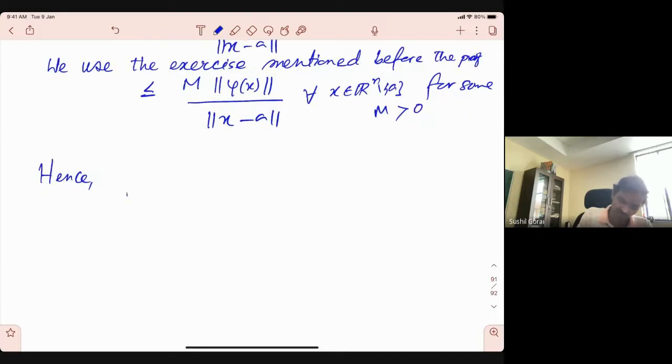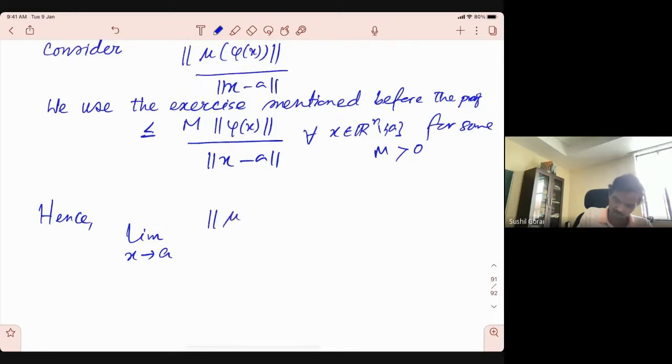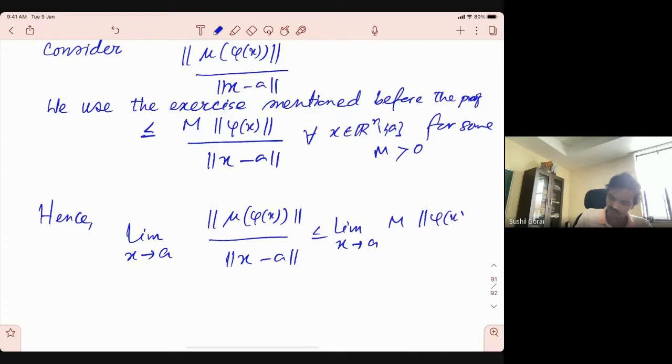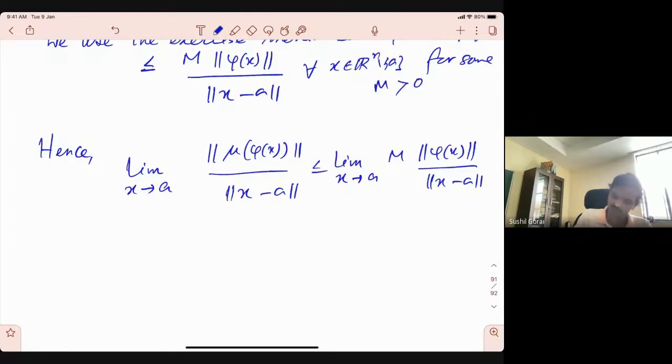Hence the limit as x tends to a of the norm of mu of phi(x) by the norm of x minus a is less or equal to the limit of m times the norm of phi(x) by the norm of x minus a, and this is 0 by 1.